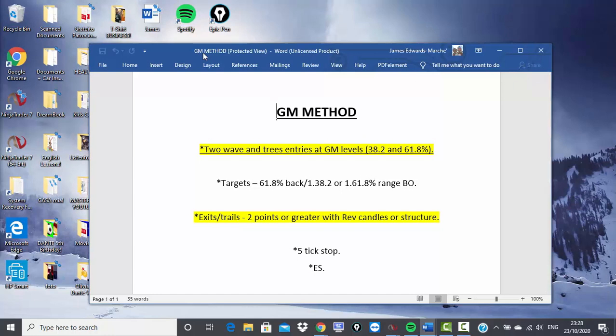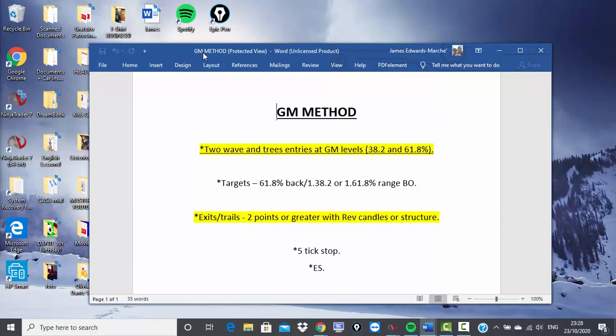And this is the method that I use. Now, bear in mind, I've adapted it. Before, the GM method was essentially the same as what I'm going to show you now, but I was using it on 5-minute Forex futures charts. So that was the 6A Australian dollar versus the US dollar, 6B Great British Pound versus the US dollar, and 6C Canadian versus the US dollar.